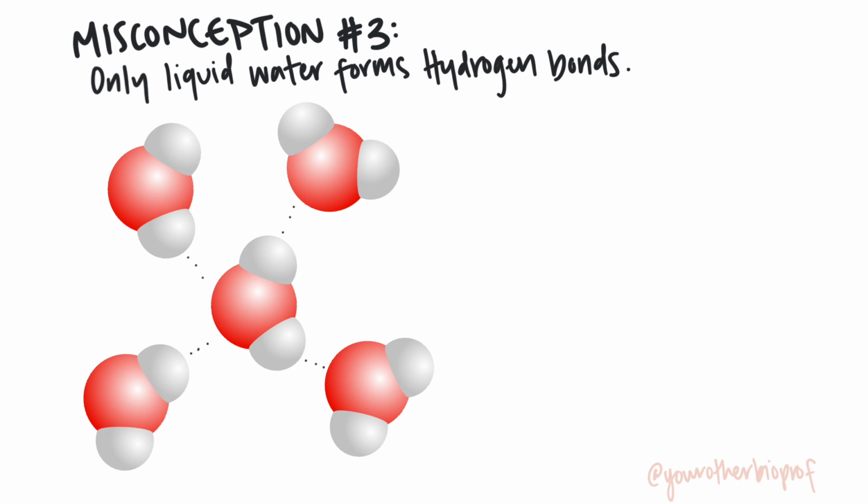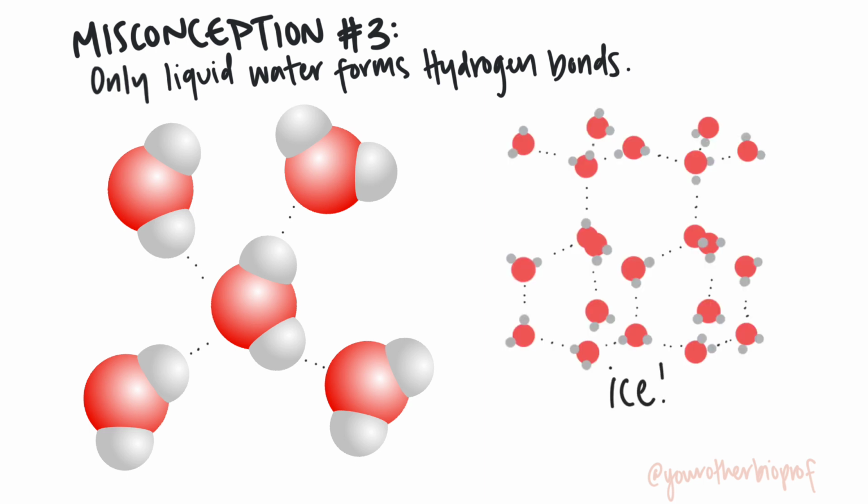So water molecules are going to form more hydrogen bonds. Each one can form up to 4. And when that happens, that's going to actually increase the space between the water molecules, forming a crystal structure, getting more stable hydrogen bonds. That's why ice is less dense than liquid water.